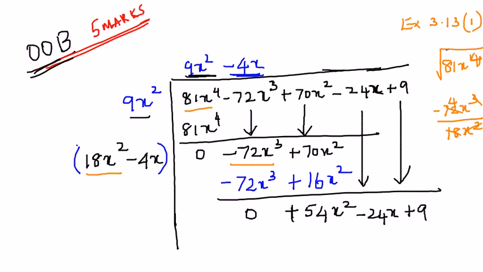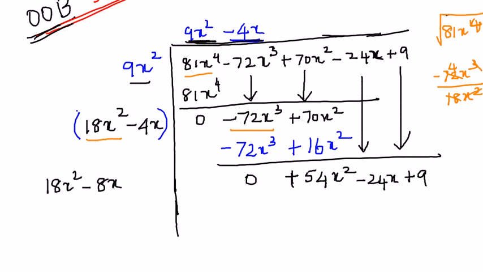Now what is the next step that you have to do? As you always do, you have to multiply whatever you have in the quotient at that point in time by 2. So it's going to be 18x squared minus 8x, right? You just write it down over here, and now you're going to divide the first term here with this first term here.